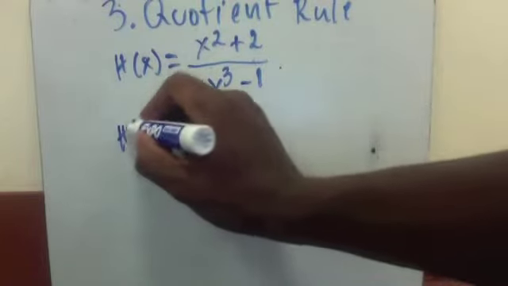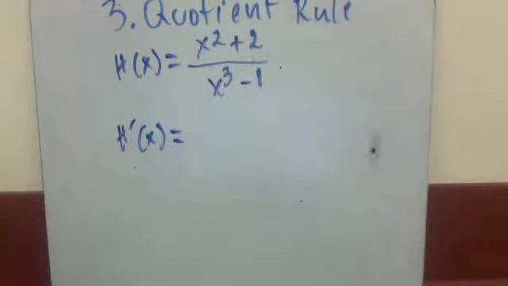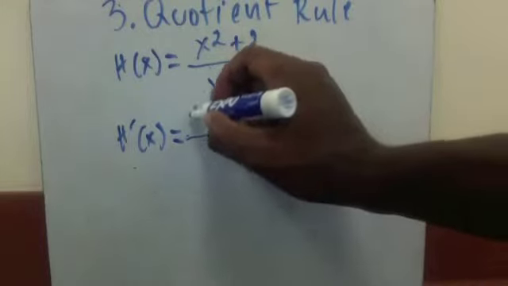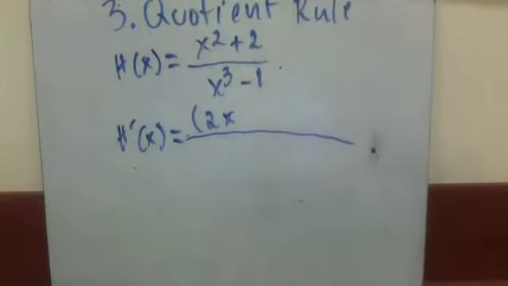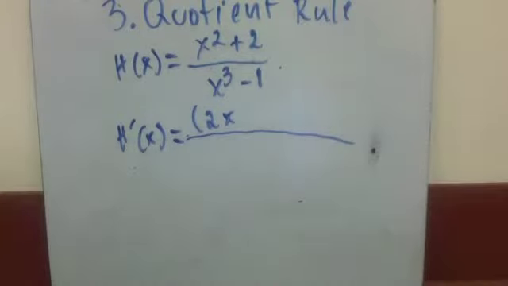H prime of x then equals, take the derivative of the numerator first, which is going to be 2x, because you bring down the 2 in the coefficient, subtract the 1 from the exponent, and then the 2 goes away because it doesn't have any x on it.